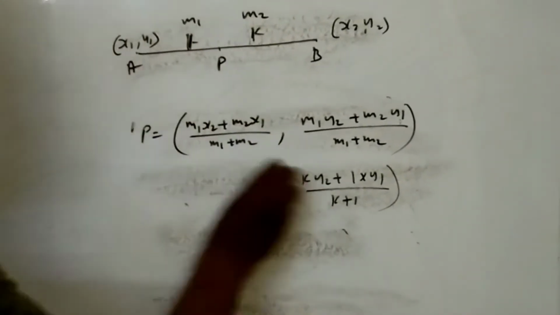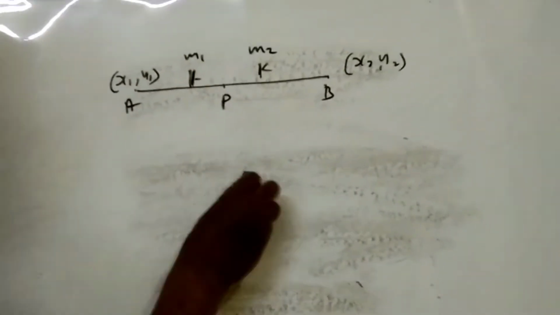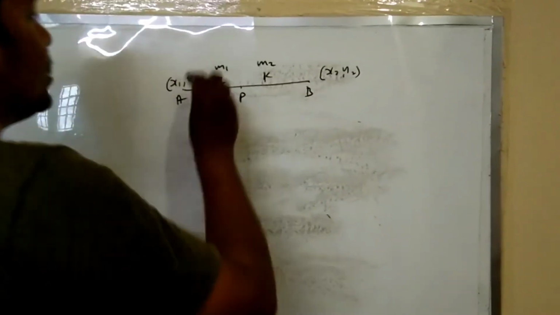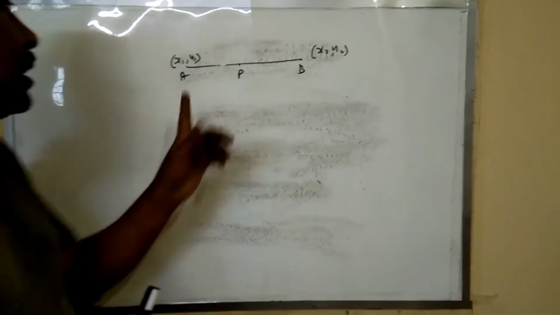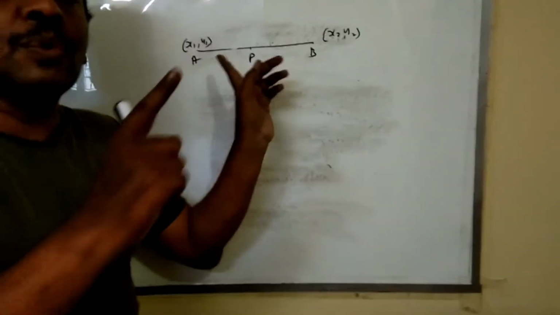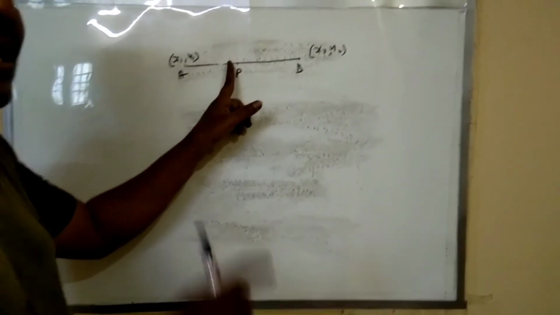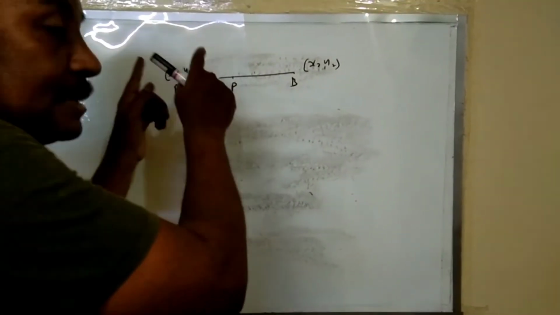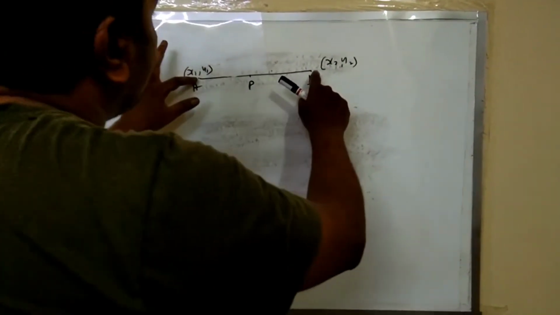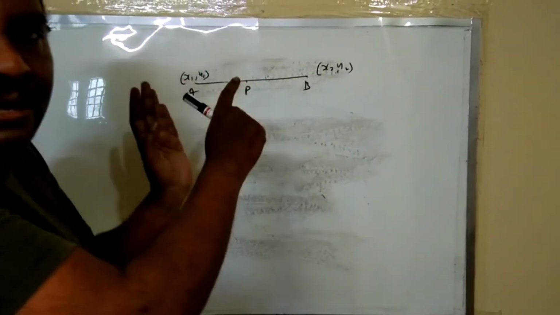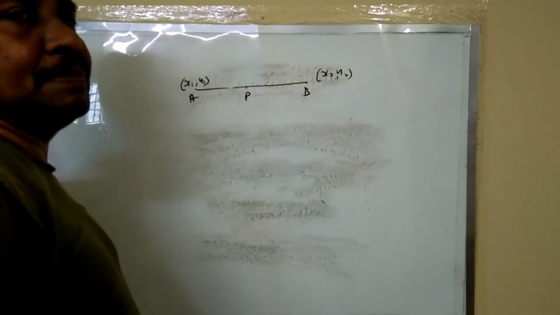Next, suppose P is the midpoint. What do you mean by midpoint? A midpoint is a point which divides a line segment into equal parts. That means P is exactly located at the center of A and B. Suppose AB is 10 centimeters, then P will be exactly at 5 centimeters, half of AB.